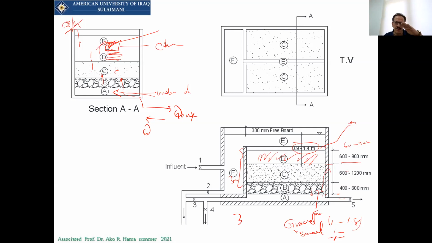Then those materials settle in their places again, and after that the process of filtration will start again. This is a brief description of this filtration. Is it clear? Yes, doctor.